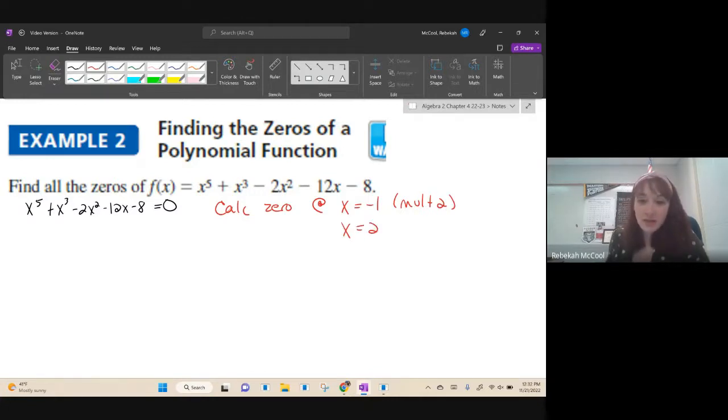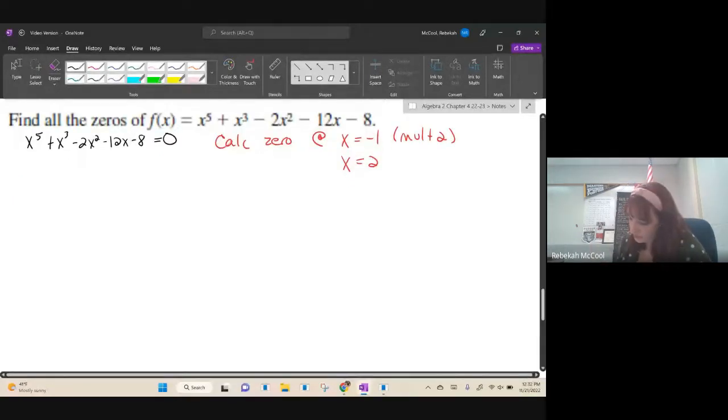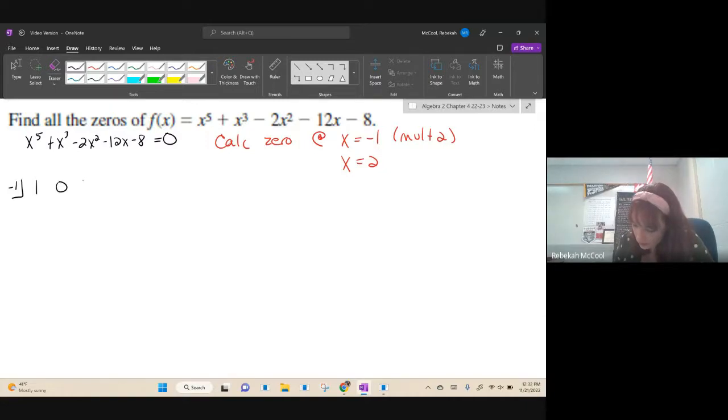So what that means is I've actually got at least 3 of the zeros. Now technically, either of those could have a higher multiplicity, but we know they're going to have at least those. So we'll start by dividing out those 3 zeros. We'll do -1 twice. Start with that. Grab the coefficients: 1x to the 5th, 0x to the 4th, 1x cubed, -2x squared, -12x, and -8.